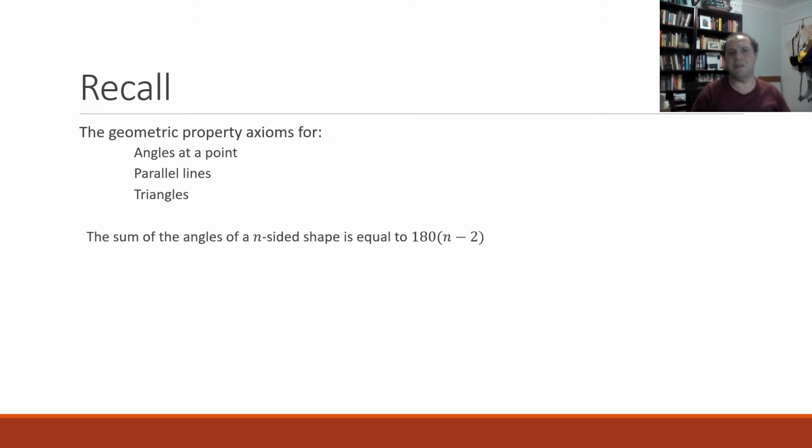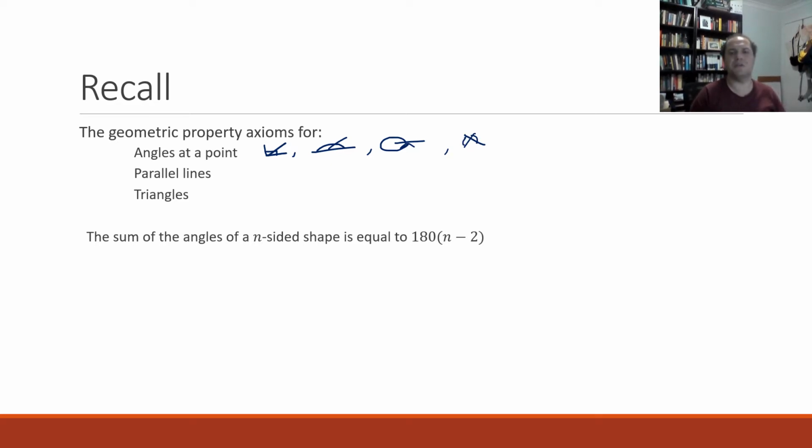Some things you'll have to recall from previous years' learning in geometry are the geometric property axioms for angles at a point. These include: complementary angles add to 90 degrees, supplementary angles add to 180, angles in a revolution add to 360, and vertically opposite angles are equal.